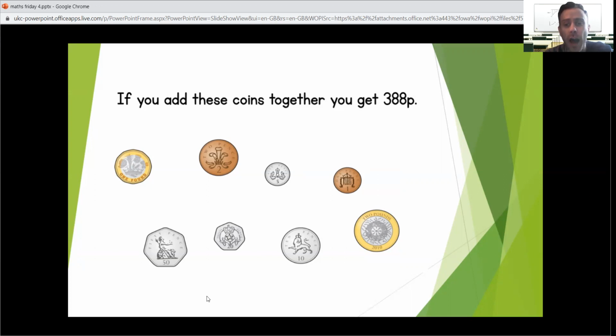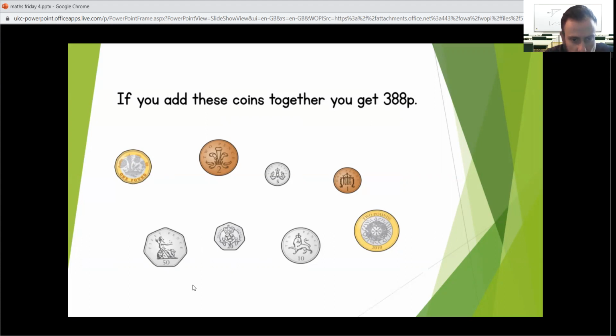We're going to convert our pounds into pence. So you need to know how many pence are in a pound. It's 100. Okay, so if we've got £1 and then 2 more pounds, we've got 300 pence. We've got £3, which is 300 pence.